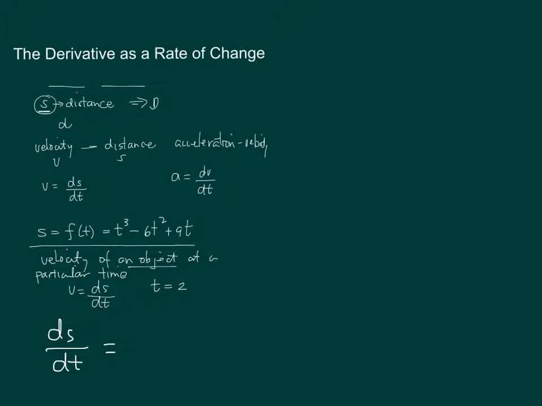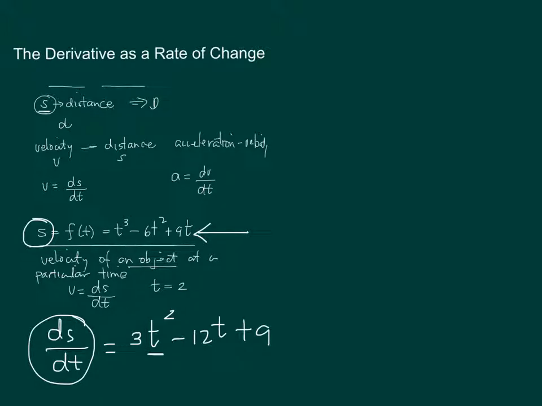And using the basic rules on differentiation, the distance function will become 3t squared minus 12t plus 9. Every time a question is being asked what is the velocity at a particular time, all we have to do is to find ds over dt at a given t.